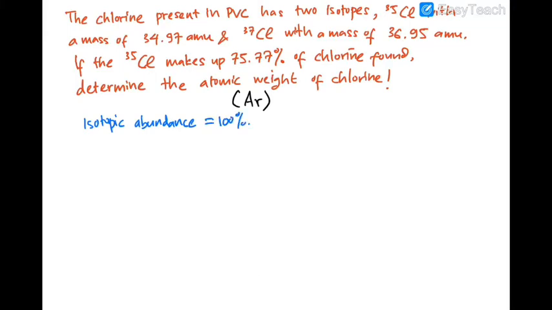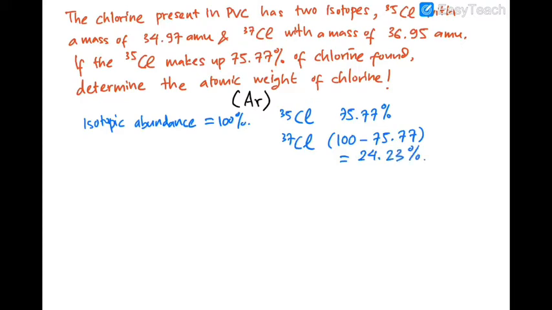So if we have the 35Cl at 75.77%, of course the 37 one will be 100 minus 75.77%, which is 24.23%. You can also try to calculate it in case I make mistakes with the calculation.